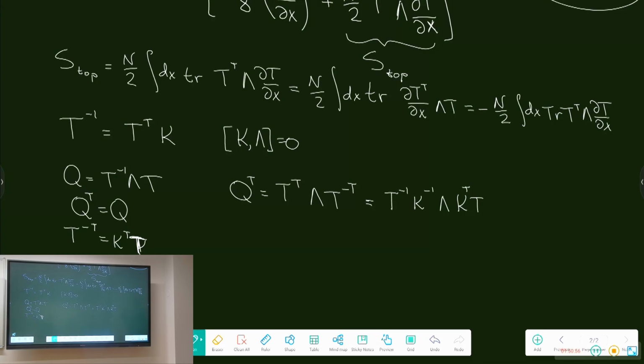But it's trivial why K minus 1 cancels with the KT. I just said there should be an additional constraint on K such that they cancel. K minus 1. So you just said that K is orthogonal. So T is orthogonal. No. If T is orthogonal, K is orthogonal. And then everything works.